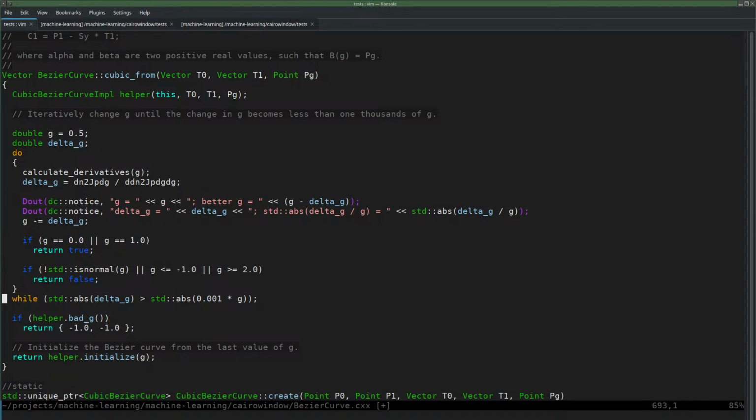And then if that step is still larger than 1/1000th of what we are trying to change here, repeat that. So at some point the delta G must become 0-ish. This is no longer true. And then we calculate the rest, the Bezier curve.